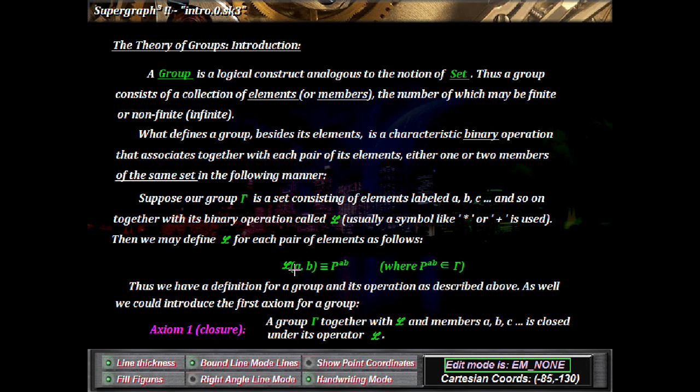I couldn't have said in my example, 3, 6 equals 7 because 7 was not an element of my group. My group has only 3 and 6 as members. So that would not be a group. Well, my thing might not be a group either, but for other reasons. But if it's not closed, it's not a group, and that's one property.